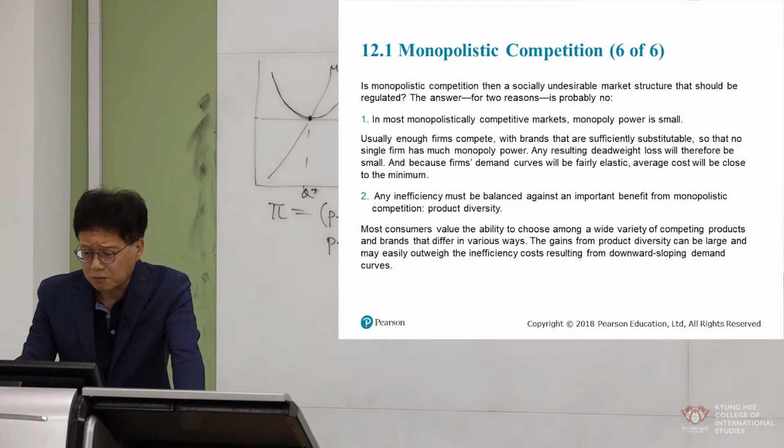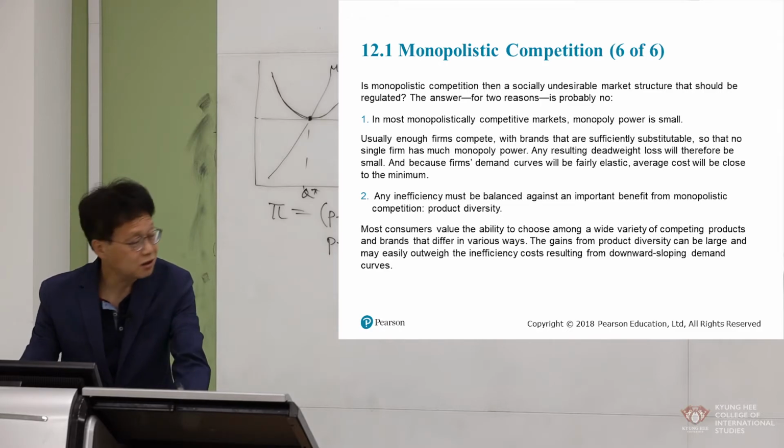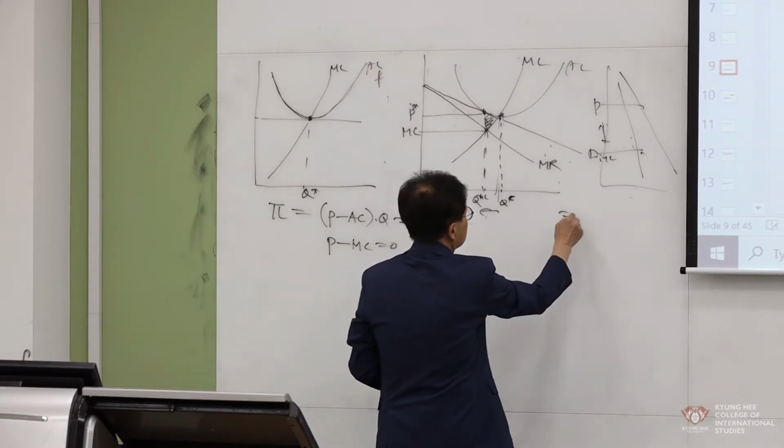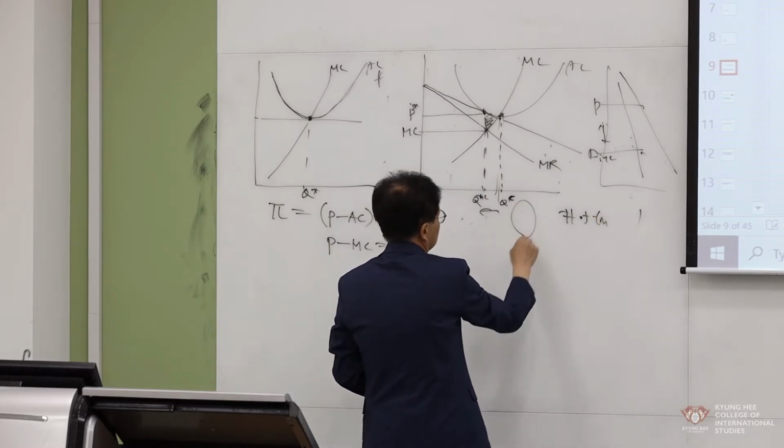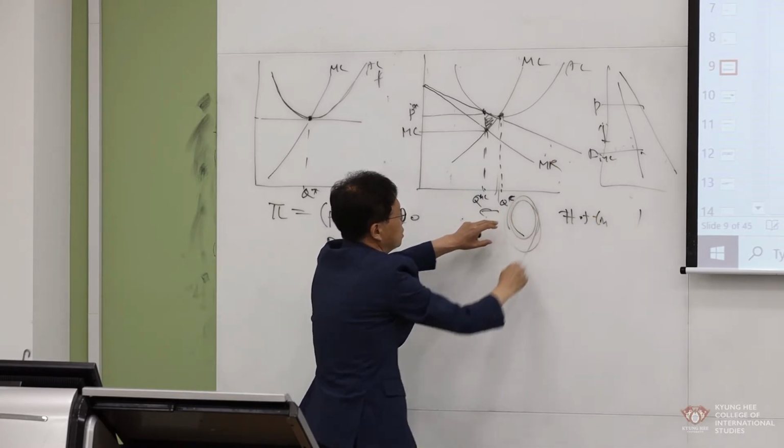Usually, enough firms compete. So in a monopolistic competitive market, monopoly power is small. There is a large number of firms.